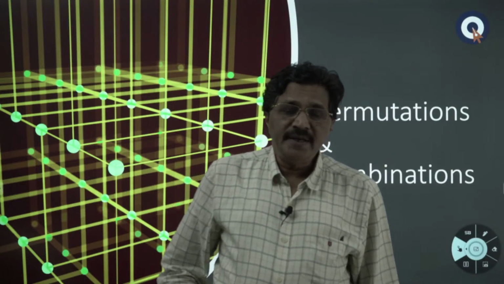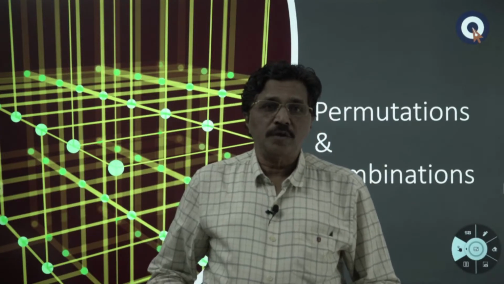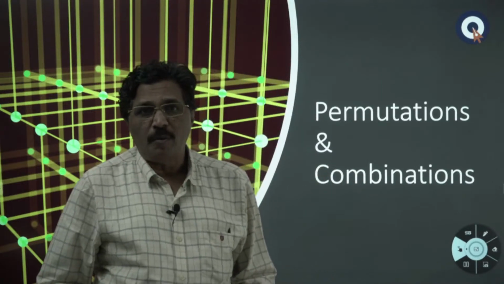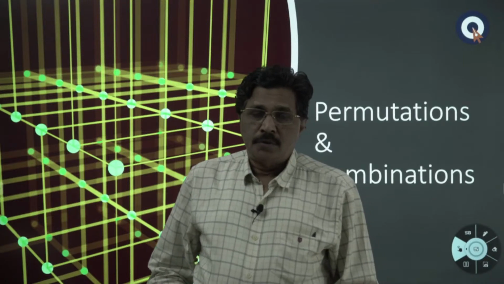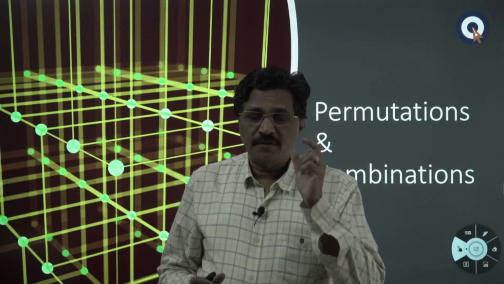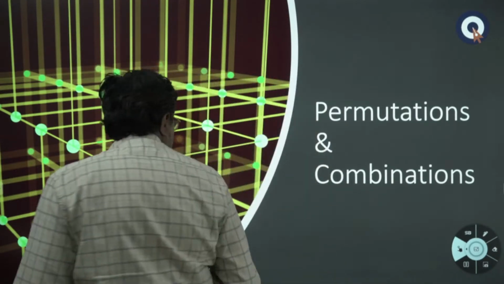Good evening, everyone. Let us do some basics of this chapter, permutations and combinations, before we dive deep into the topic. So, let us first discuss some few basic concepts.